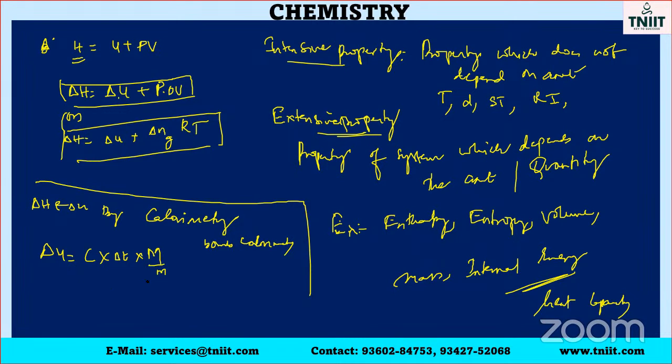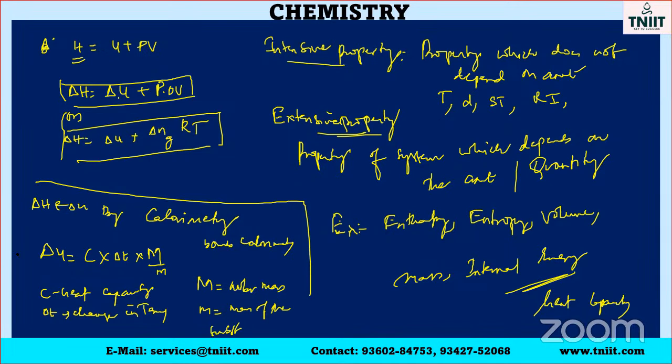Here, m is the mass of the substance taken, M is the molar mass or molecular mass, C is the heat capacity, and delta T is the change in temperature. So this is the formula to calculate the change in internal energy by calorimeter.